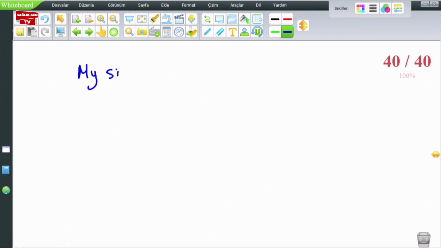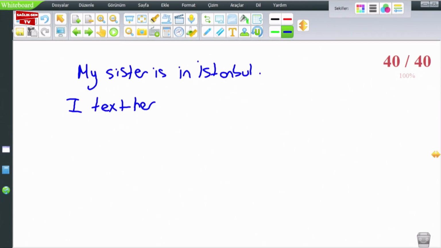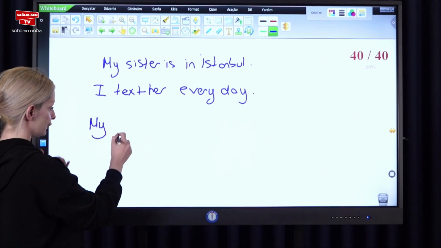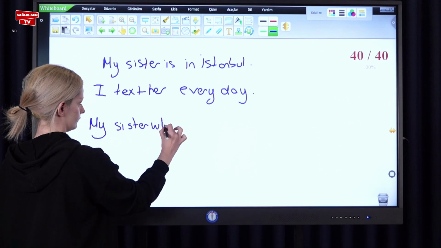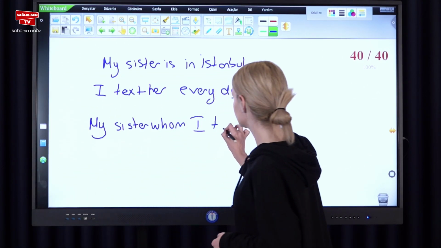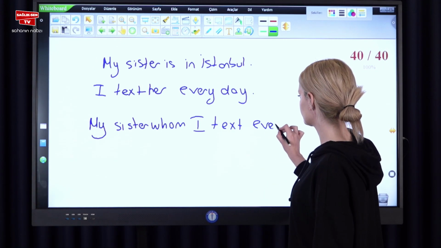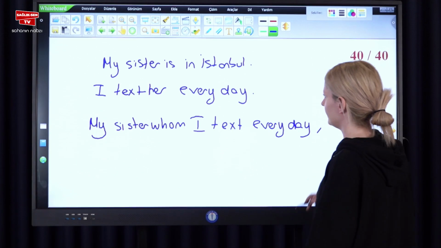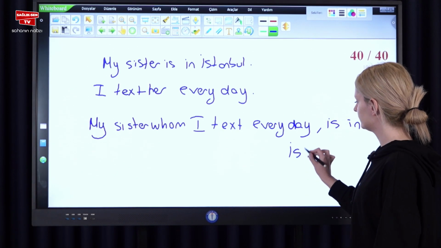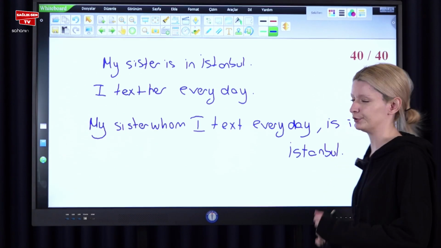My sister is in Istanbul. I text her every day. If I want to connect these sentences, I will use whom: my sister, whom I text every day, is in Istanbul.